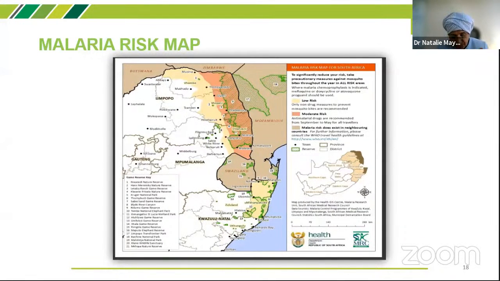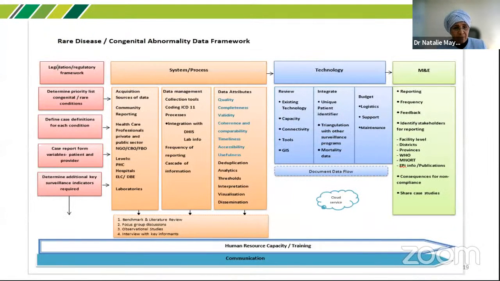So it's certainly something that we could utilize as a similar mapping mechanism to see where rare diseases are possibly clustered in select areas, and maybe identify specific exposures.